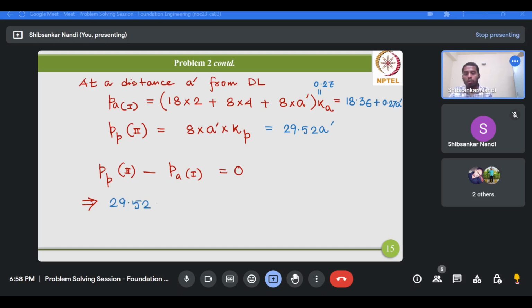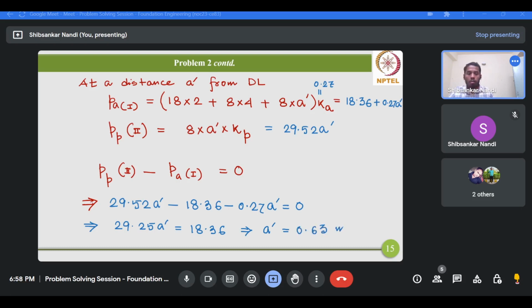29.52 into A prime is 0. So 29.52 minus 0.27 means 29.25 A prime equals 18.36, or A prime equals 0.63 meter.